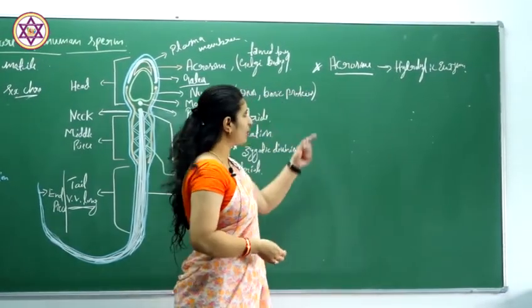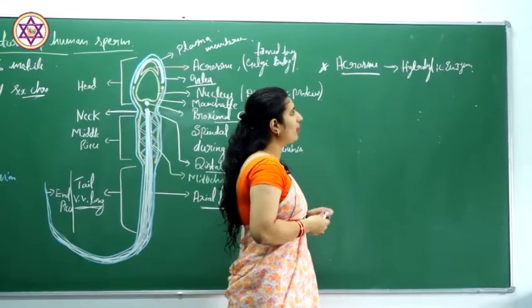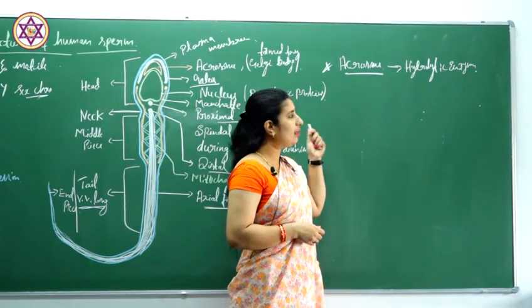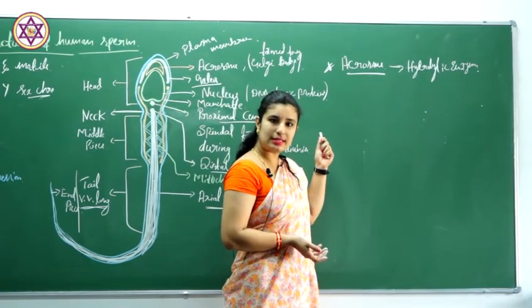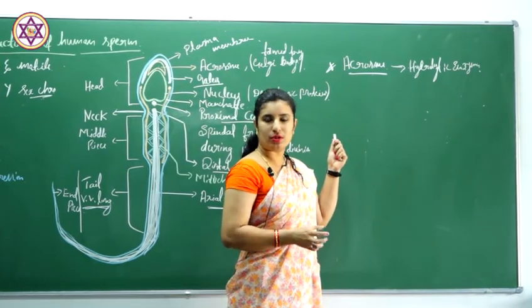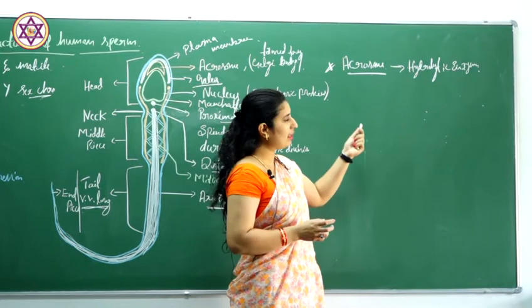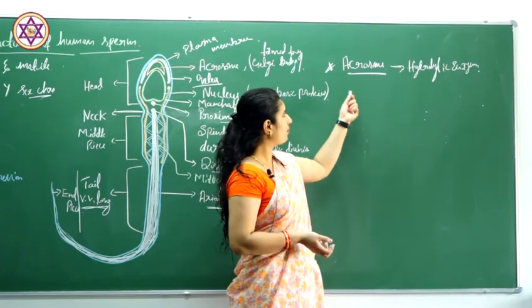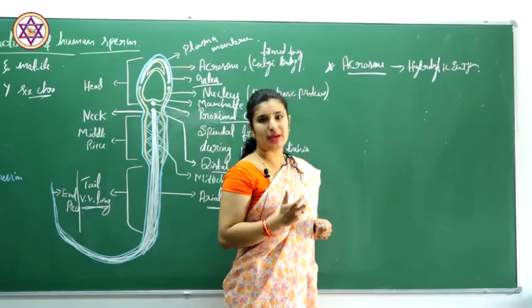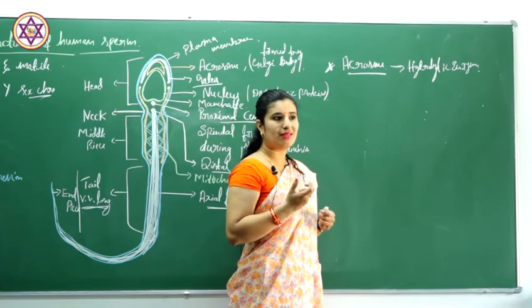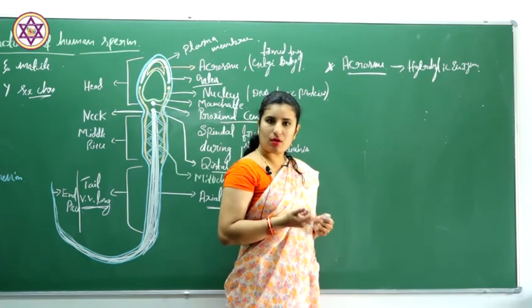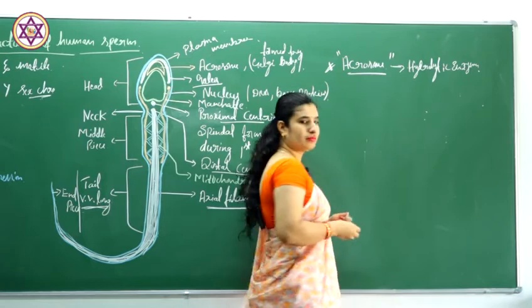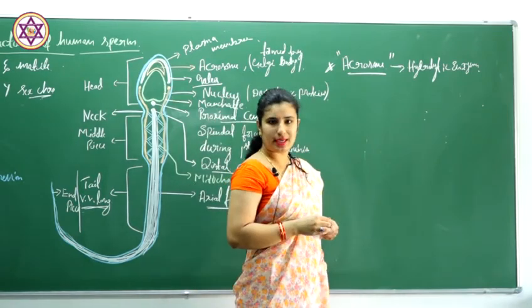So what is the function of these enzymes? The hydrolytic enzymes present in the acrosome lyse the cell membrane of the ovum or the egg. These enzymes help to dissolve or break the ovum membranes, it may be the jelly part, the vitelline membrane or the cell membrane. This is the major function of the acrosome: it contains lytic enzymes.